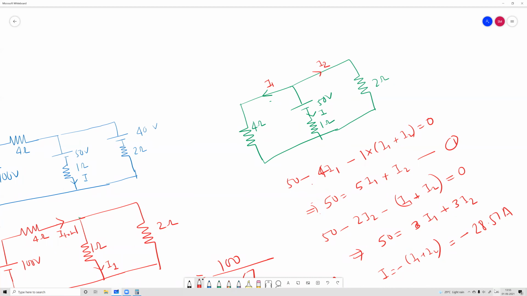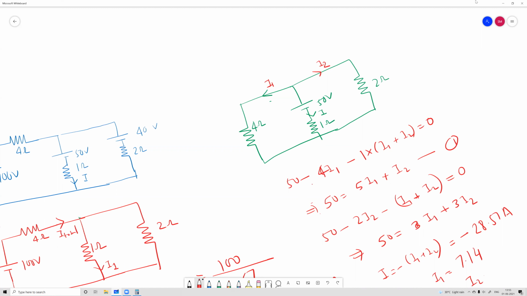Let me check. I1 is coming 7.14. 21.42. I2, yes, 21.42.